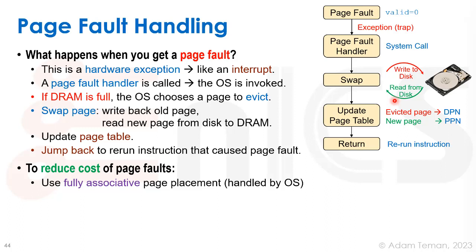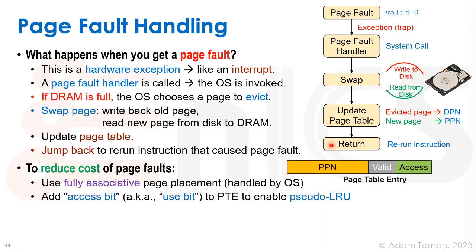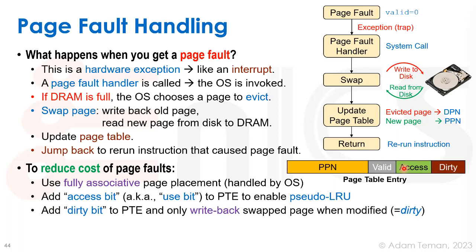It will cost us a lot, but again, it's nothing compared to the millions of cycles that a page fault costs. We'll do other things, like add an access bit to our PTE, our page table entry. This is also called a use bit. And that will help us enable things like pseudo LRU handling of when we swap things out.